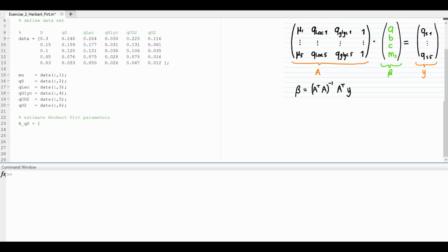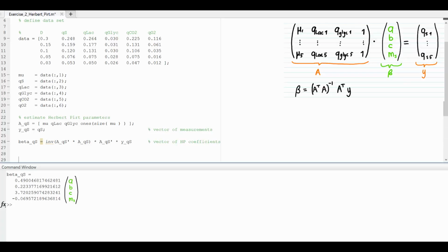We will now define matrix A. The command ones(size(mu)) will make a vector of 1s with the size of mu for the MS column. We can also define vector Y as the measured biomass-specific rates and calculate the vector of unknowns beta with the given formula. Remember that in MATLAB, transpose is written as a quotation mark. We have now estimated the Herbert Pirt parameters from the dataset.